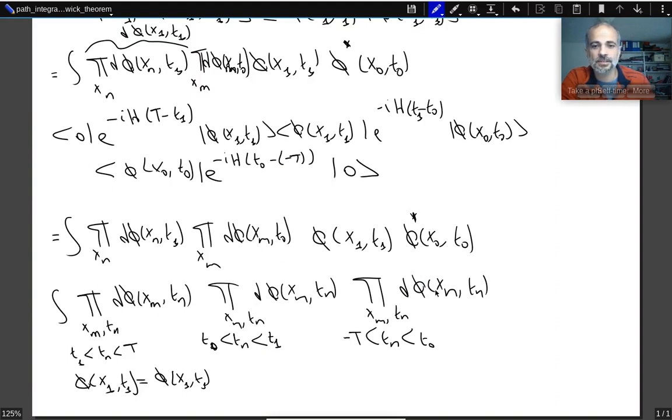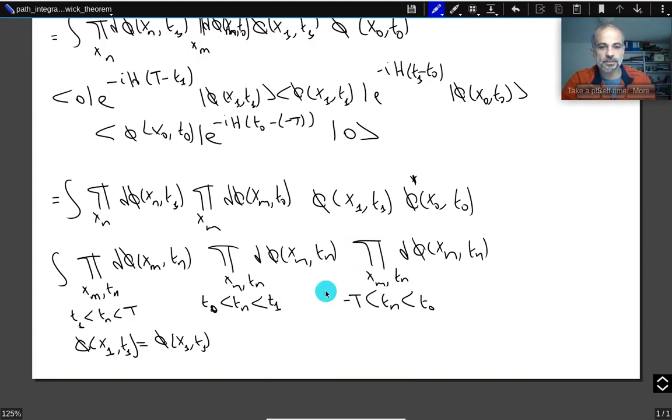And again, similarly, the fields over which we are integrating will be equal to this field in the bra at the time t0, and they should be equal to the field of the empty state when the time is minus T.